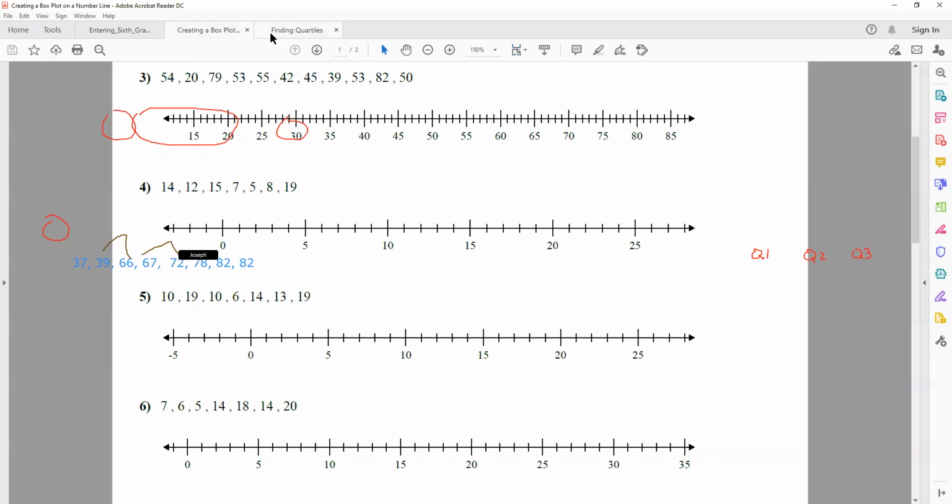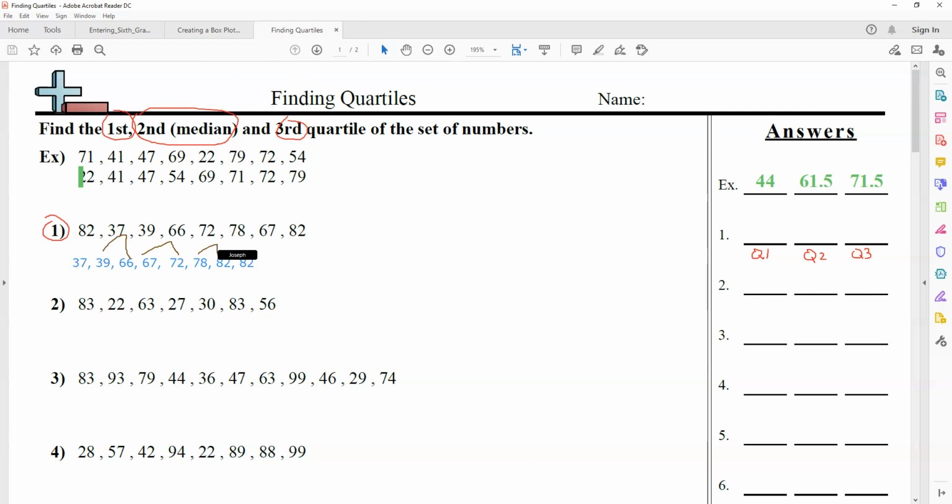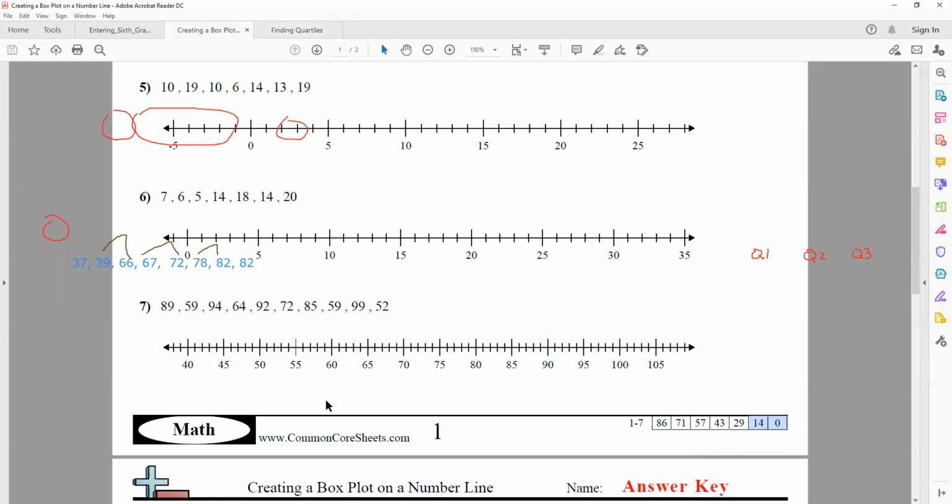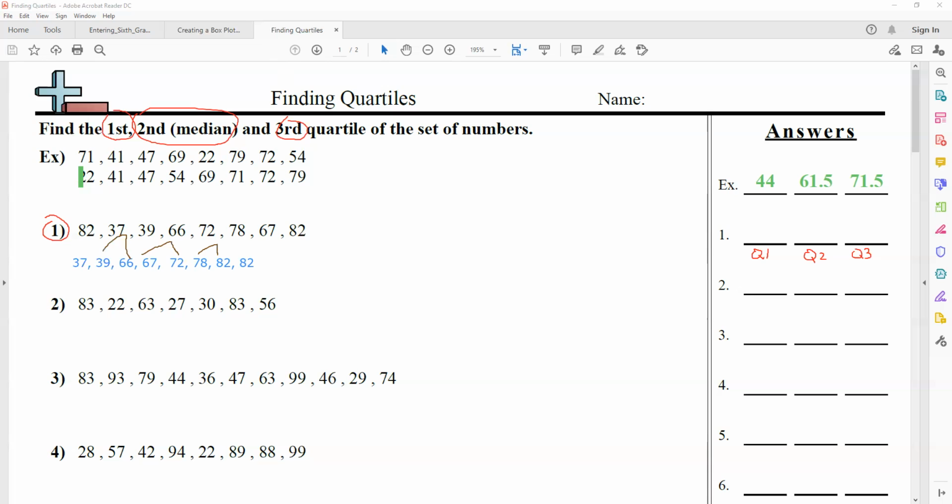Well, let me check something real quick. Okay, 5, 6, 7. Oops, sorry, 5, 6, 7. My bad. So first Q1 is 62.5.